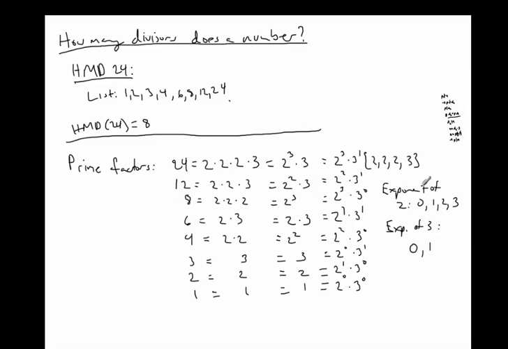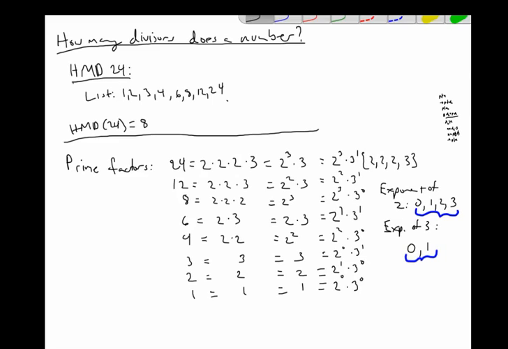So we have 4 possibilities for 2 and 2 possibilities for 3, and if we take 4 times 2, we get 8, which means there are going to be 8 divisors of our number. And that corresponds with the count we had from before. All right, cool.